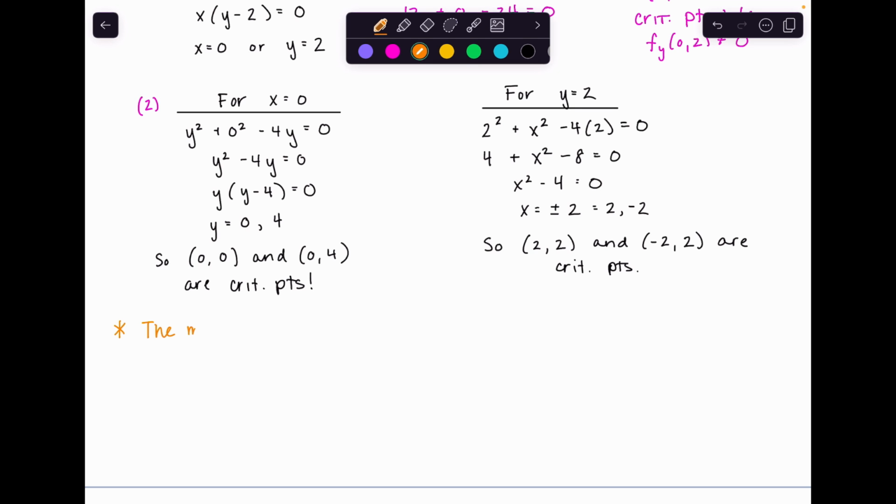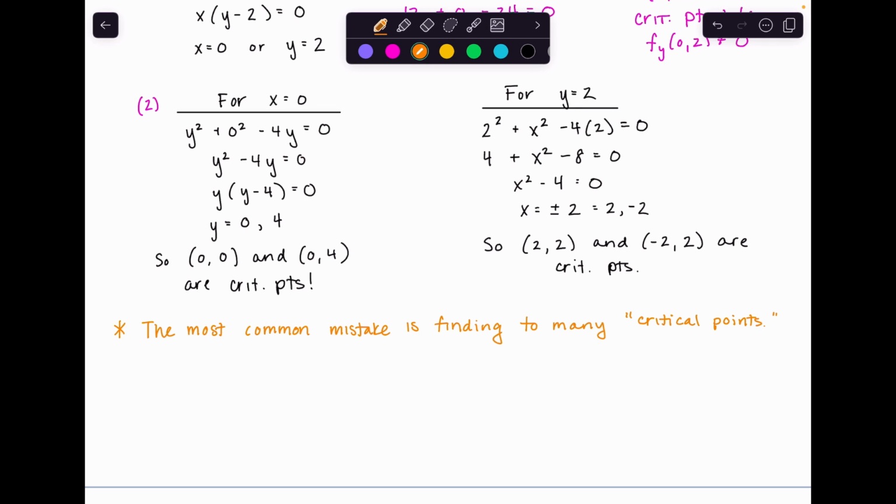The most common mistake is finding too many "critical points." And I'm going to put those in quotation marks, because they're not really critical points. They don't make both derivatives equal 0.